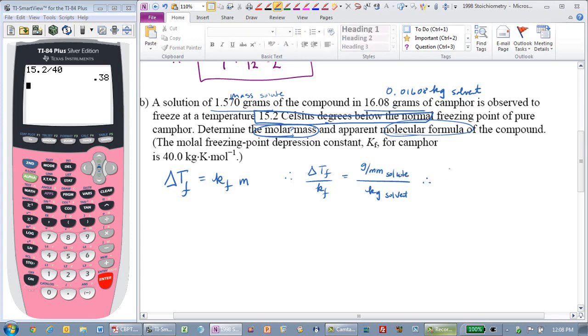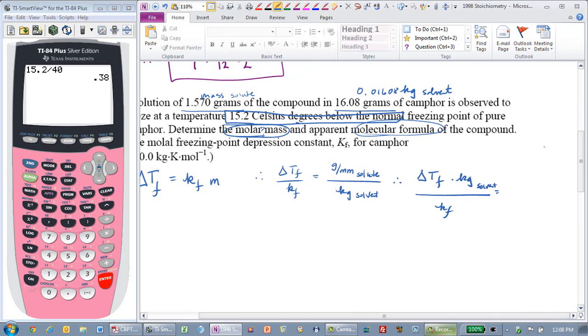So therefore, delta TF, I'm just going to cross multiply and put the kilograms of solvent over KF is equal to grams over molar mass, because that's what's equal to moles.